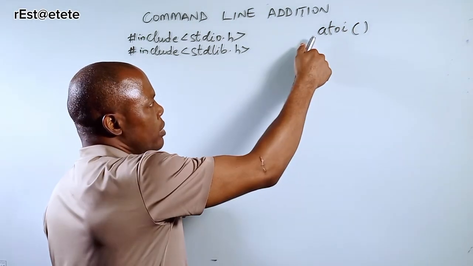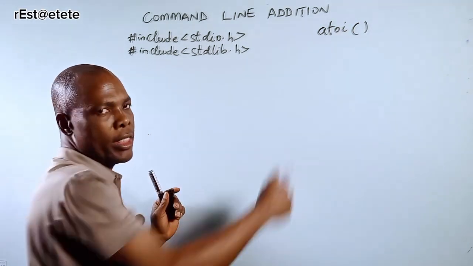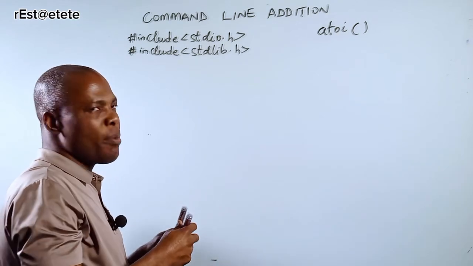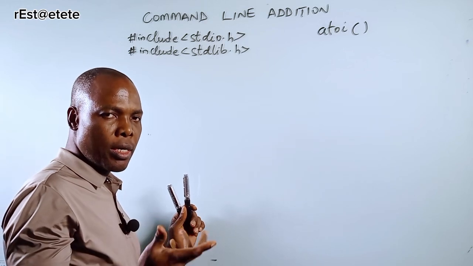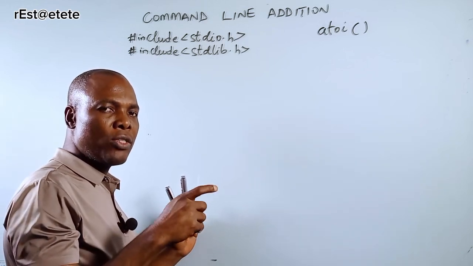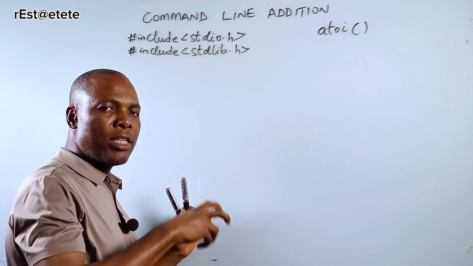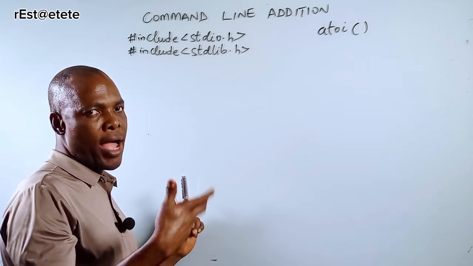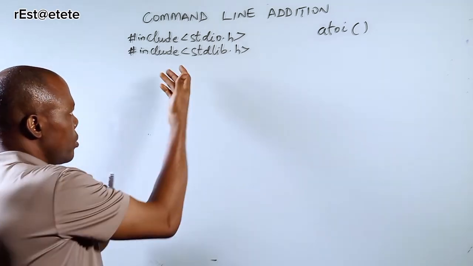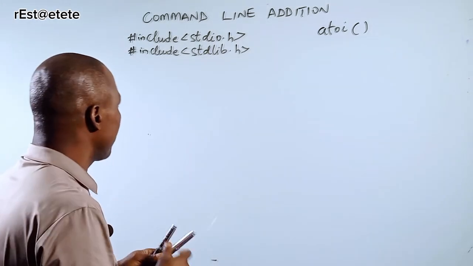So this function is what? ASCII to integer. Because whatever parameter is supplied to your main will be what? A string. And the ASCII value of that string is what will be stored in the memory. So I need to convert it to an integer before I can add, because I cannot add a string, right? That is why I'm calling this library.